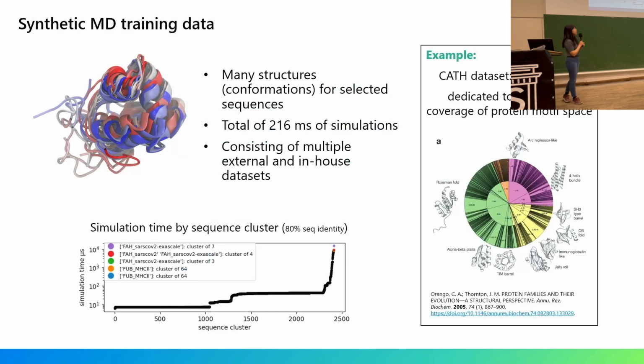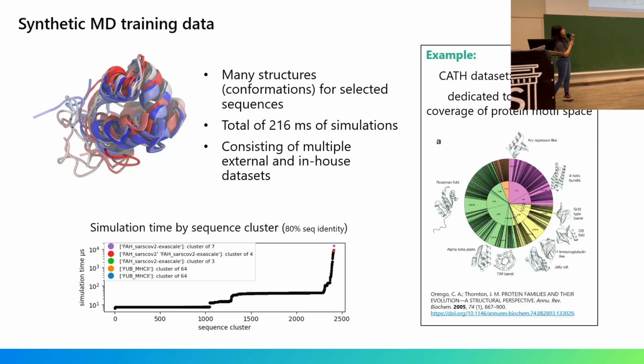To give you an idea of how much simulation that is, we have in total 216 milliseconds, which is more than anything available in the public domain, as far as we know. I think we're also going to release the data in the future.